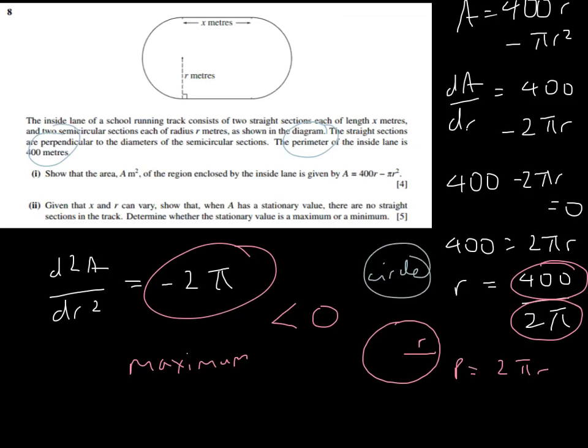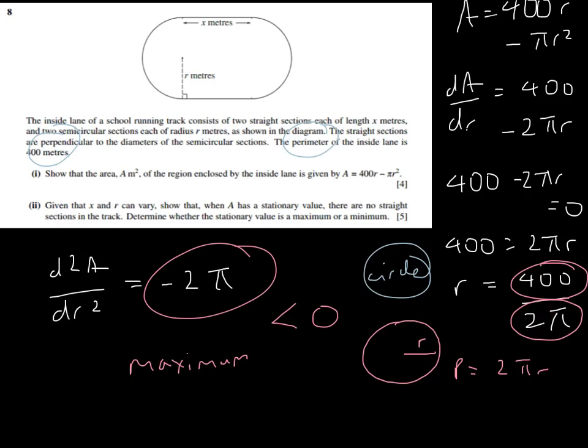Okay, so I always check the assessment schedule after I've finished doing my video, just to check that I'm right. In the schedule that I've put online for you, after this point, so that r equals 400 over 2 pi, it's then said that there's no x in there, which means that there's no straight sections.